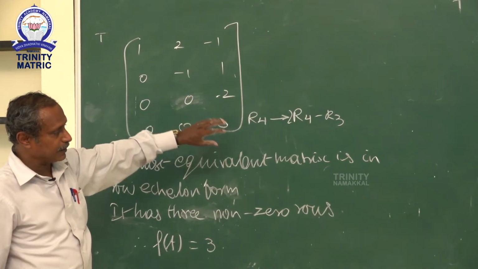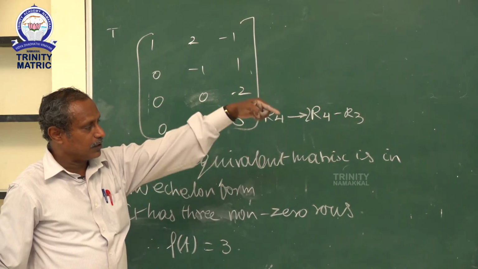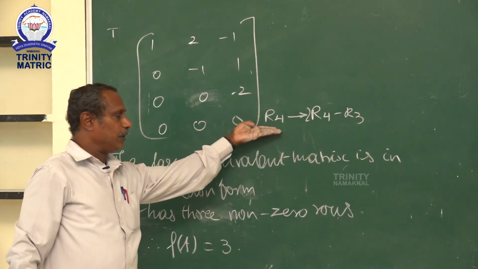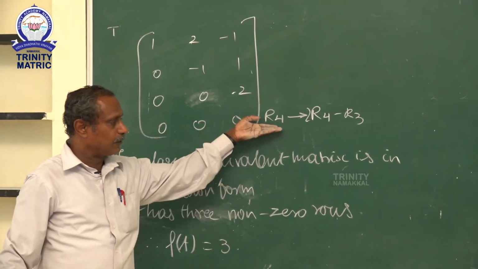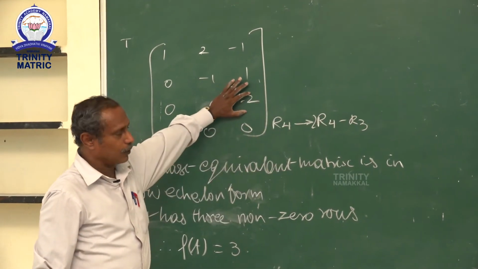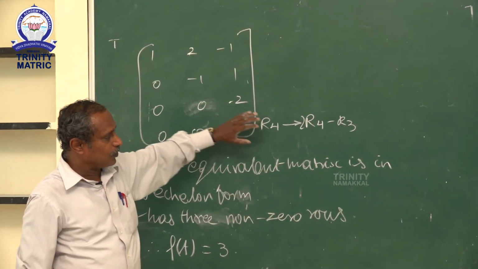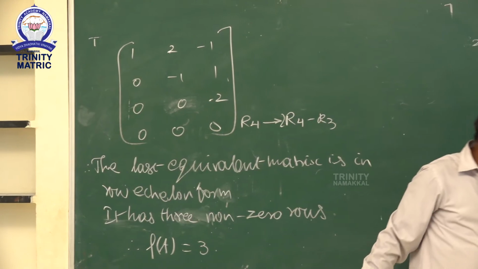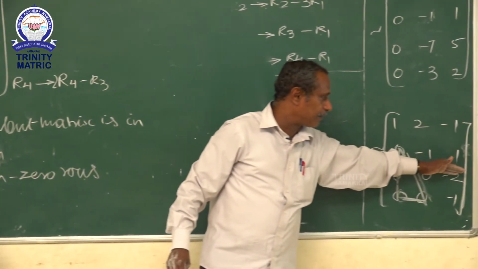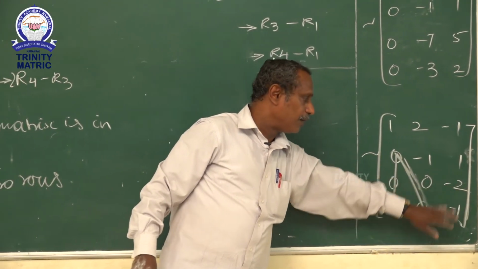So for that purpose, taking the fourth row, we have minus 1, and in row 3 we have 2, but the other elements are 0. So I take the fourth row multiplied by 2, I am getting minus 2, and subtracting it, minus 2 and plus 2 becomes 0.